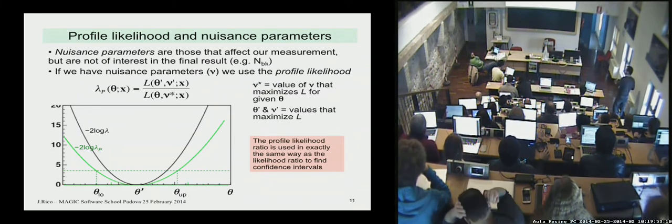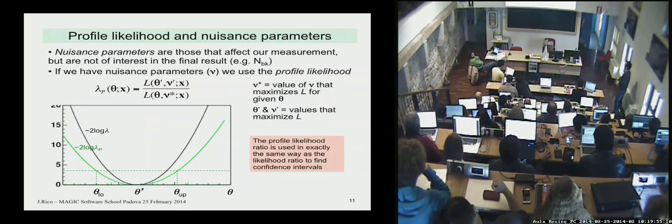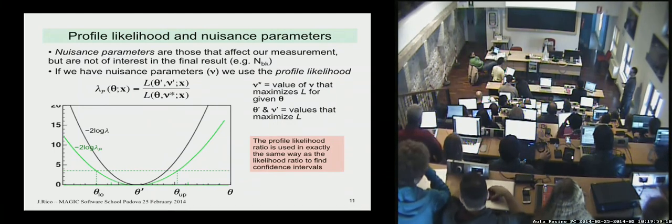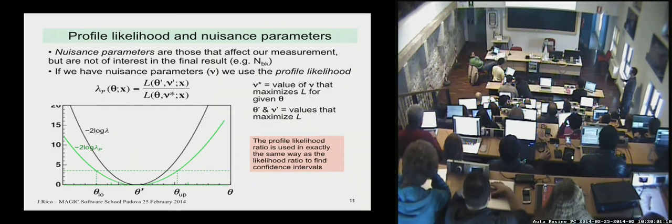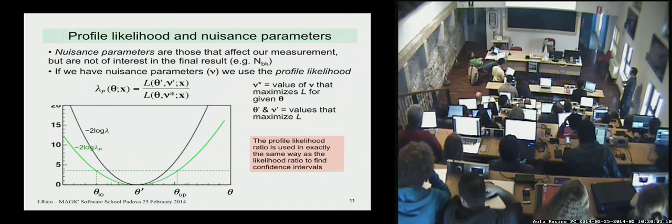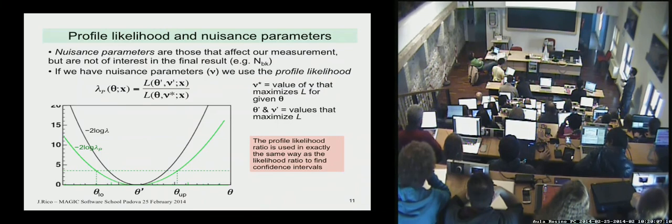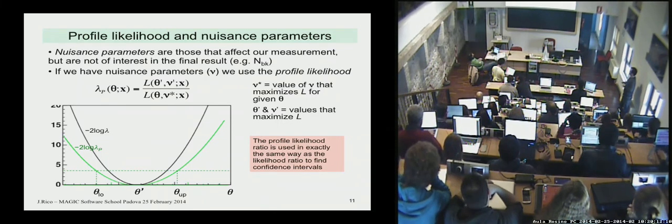As I was saying, I think mathematically it is not completely correct, but for many cases it works, probably depending on how the likelihood for the nuisance parameter is.